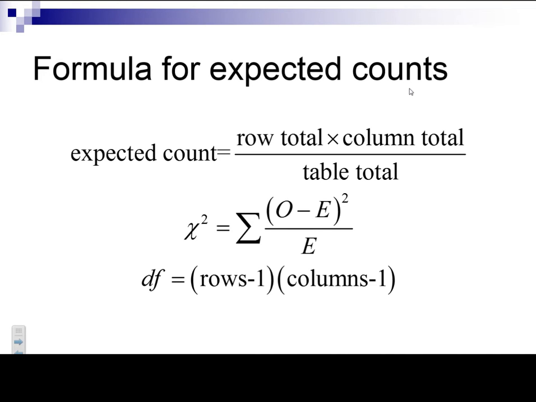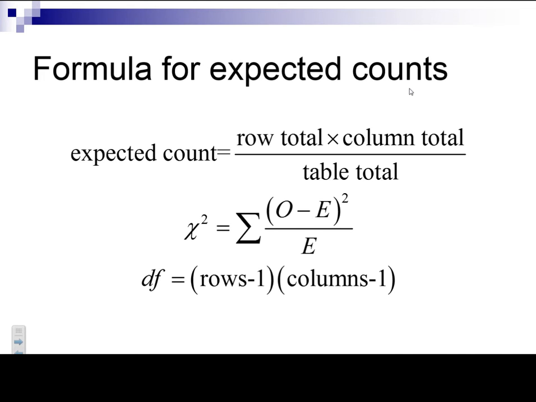Now, this one's interesting here. Our degrees of freedom. Remember when we talked about degrees of freedom, we always went with how many variables minus 1? Last time we talked about how many categories, which is technically a variable, minus 1. This is a two-way table, which means we're testing 2 categories, or 2 variables, if you will. So the degrees of freedom is going to be rows minus 1 multiplied by columns minus 1.